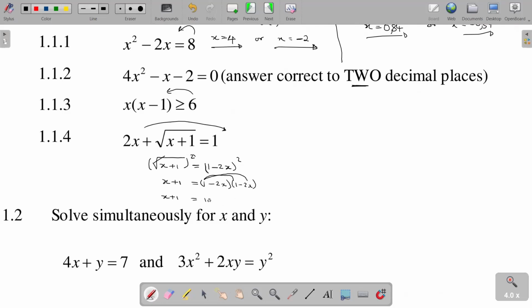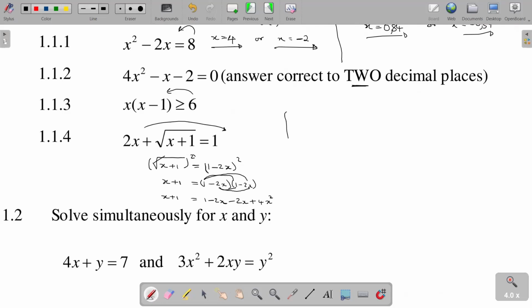It means we are going to have a negative 2x. Then we now use the second term to multiply everything in the second bracket, this one and this one. We are going to get again a negative 2x. Then this one and the second one, negative and negative is positive 4x squared.